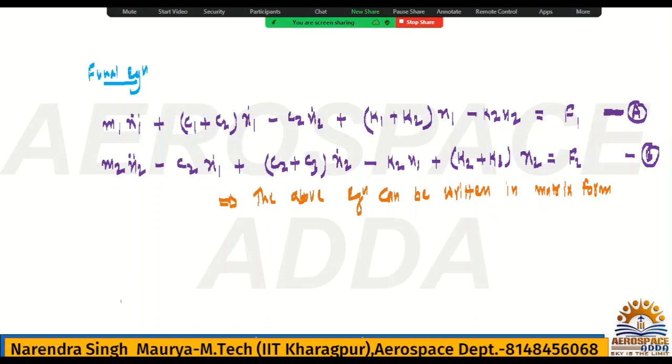So we can write this equation with the mass matrix times x double dot, plus c1 plus c2 x1 dot, and c2 x1 dot.